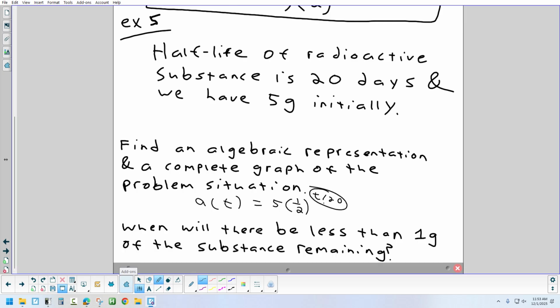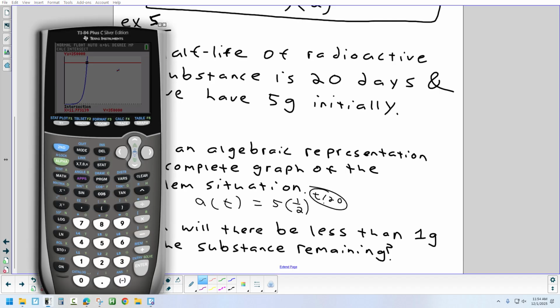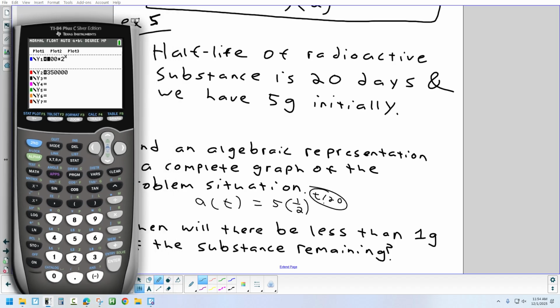Okay, so we want to figure out when we are under 1 gram. Let's put that in. I'm going to do 5 times 0.5, just because 0.5 is easier than doing a fraction. I don't need parentheses that way. Okay, so there's your decay. And we're trying to figure out when we have less than 1 gram left. So let's put a mark at 1.